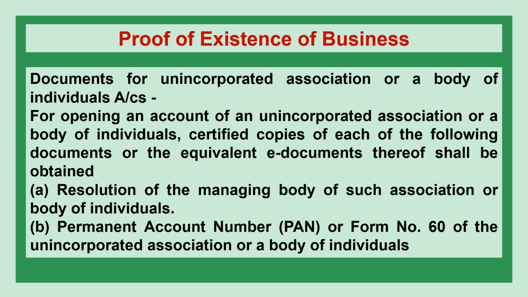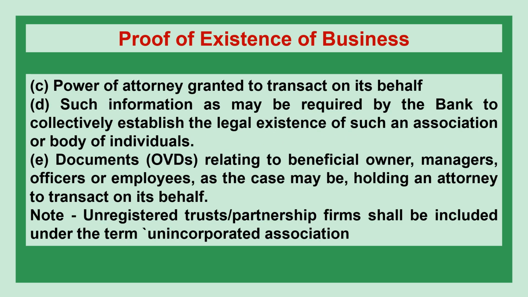Permanent account number or Form number 60 of the unincorporated association or body of individuals. Power of attorney granted to transact on its behalf. Such information as may be required by the bank to collectively establish the legal existence of such an association or body of individuals.